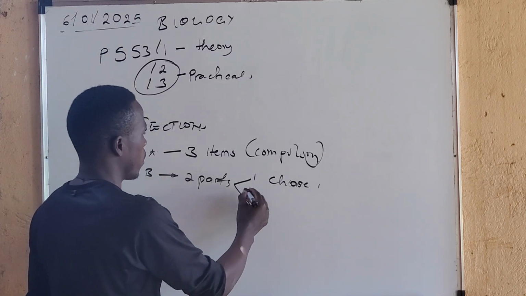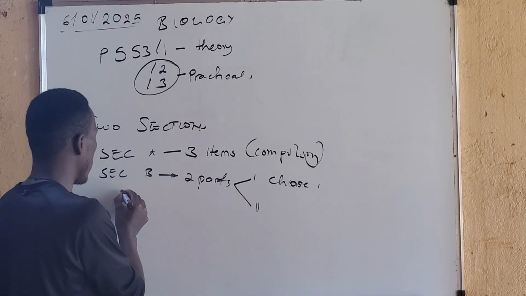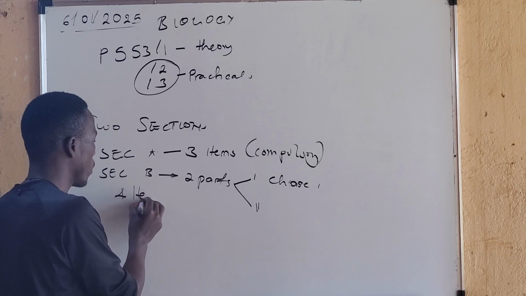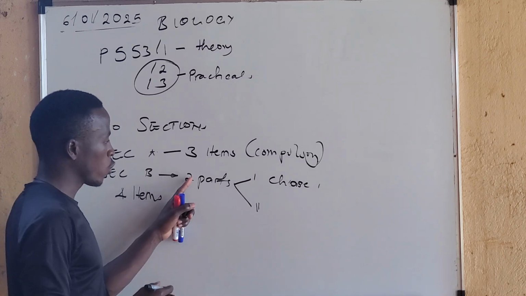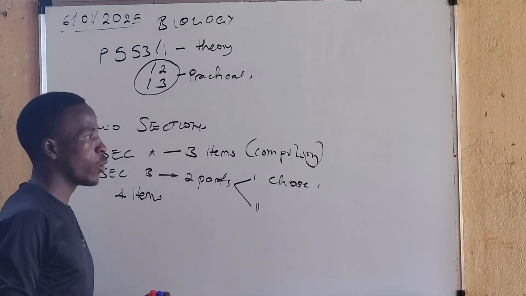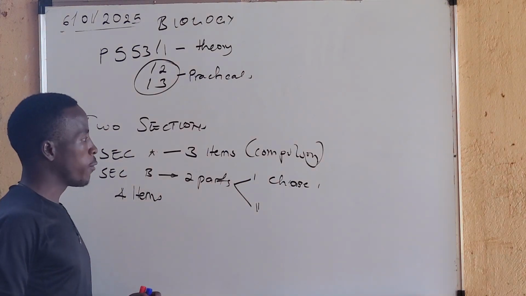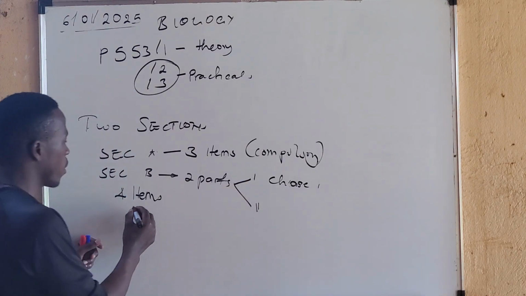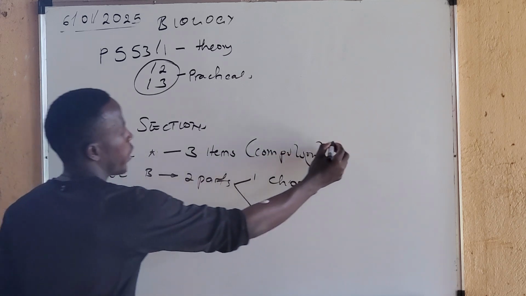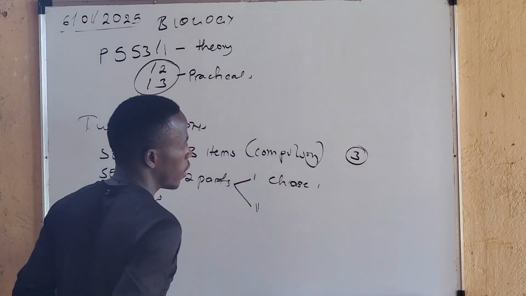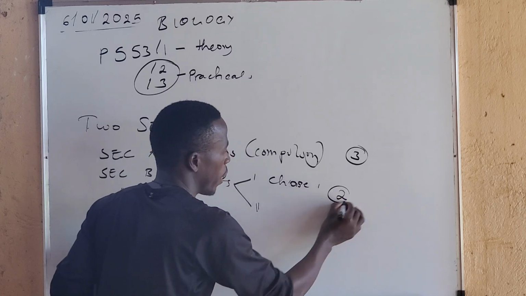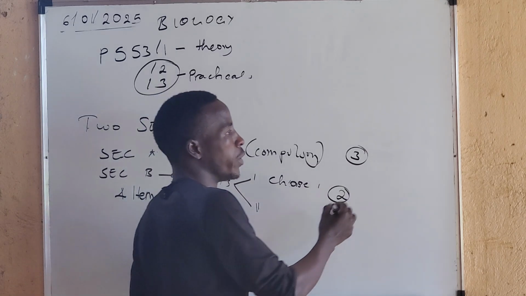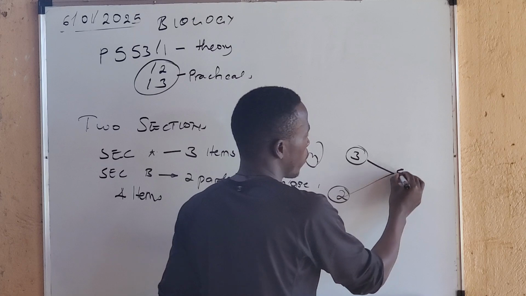Now, section B has got 4 items, 2 in each part. Therefore, a learner sits 3 items in section A and 2 items in section B, making a total of 5 items.